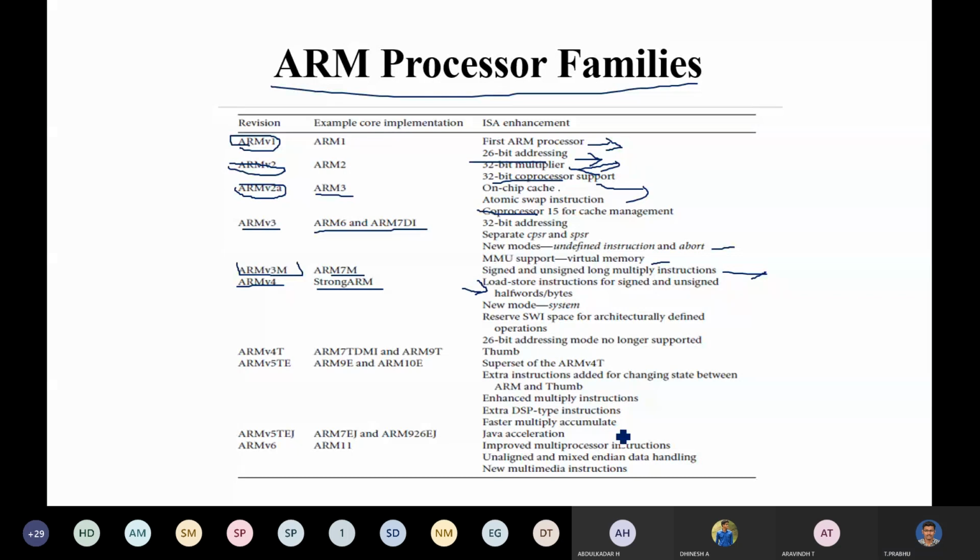The 26-bit addressing mode is not supported. And then this is the Thumb mode, so it can process 16-bit instructions.